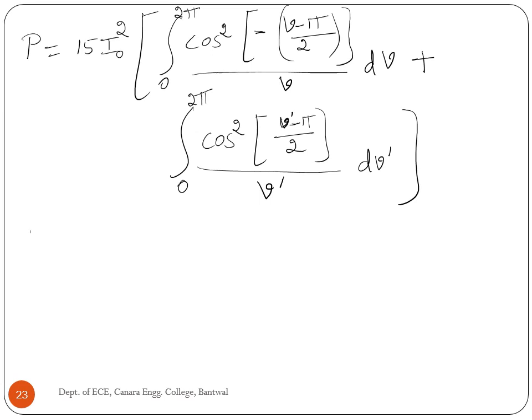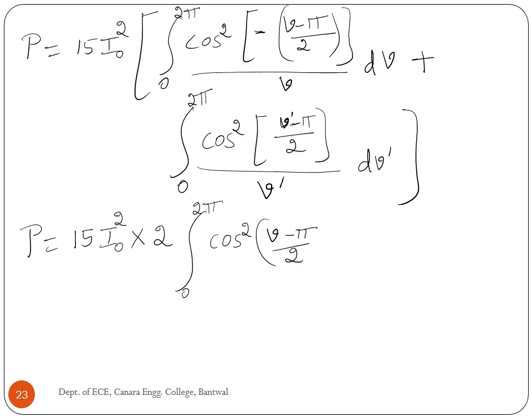The same above equation I can write by the equation 15 I naught square into 2 integration of 0 to 2 pi cos square of (v minus pi by 2) divided by v into dv.